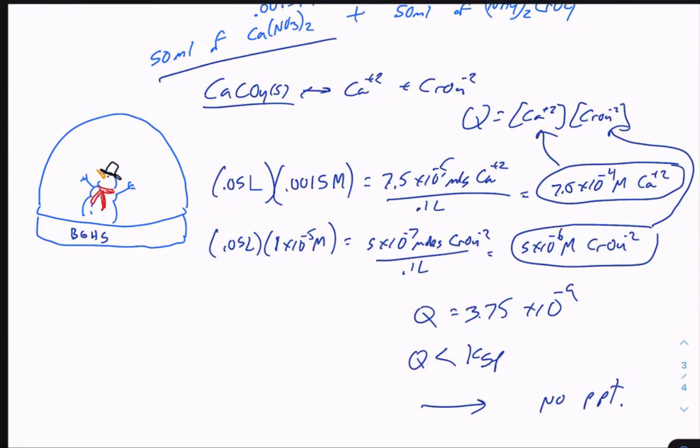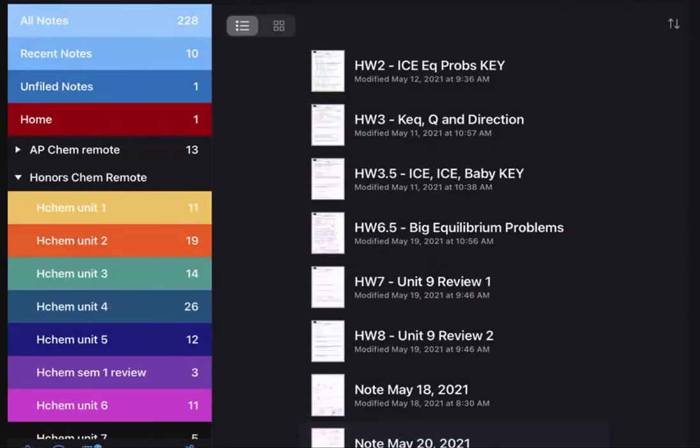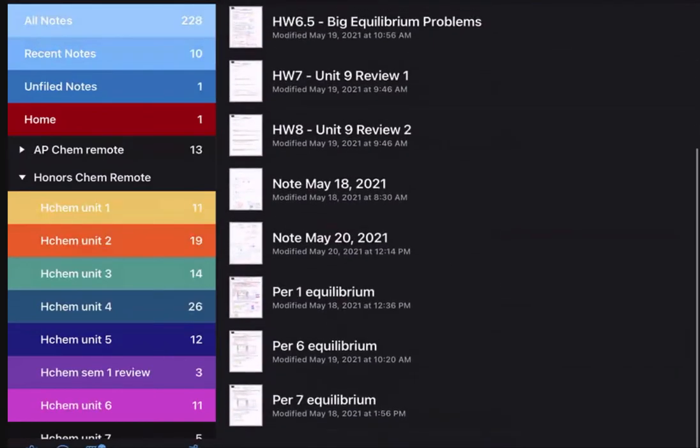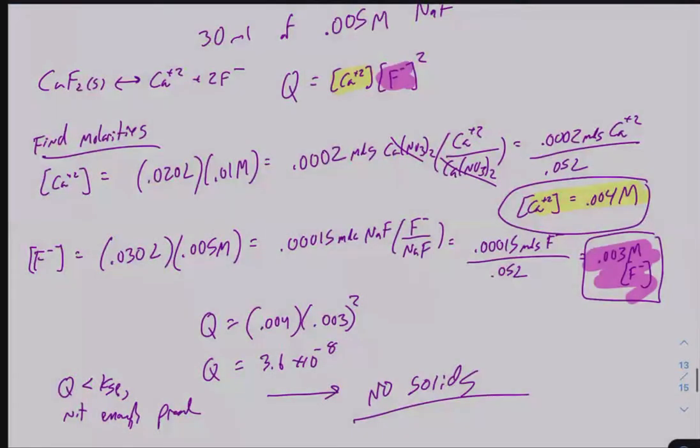How are we doing? All right, good. So, while we're here, let's review, just run through the main points of the notes from the top.